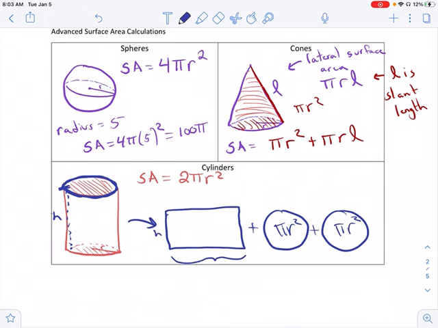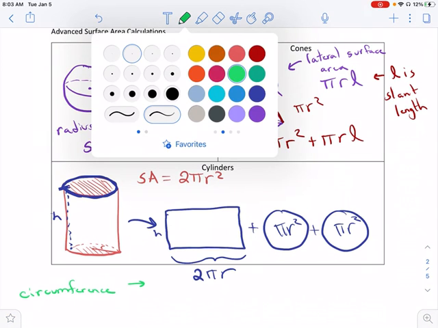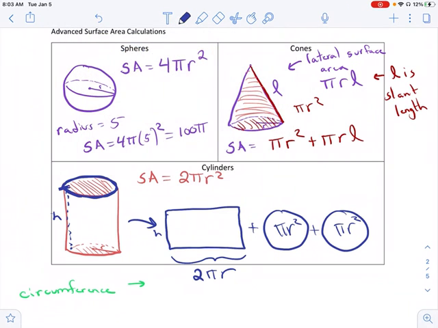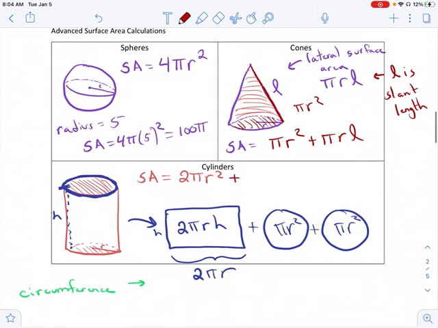Okay, so if this is a rectangle, the base of this rectangle or the width of this rectangle is going to be 2 pi r. And that's because this is the equation for the circumference of a circle. So if I want to figure out just the area of that rectangle right now, I have 2 pi r h, which allows me to finish my surface area equation up here.